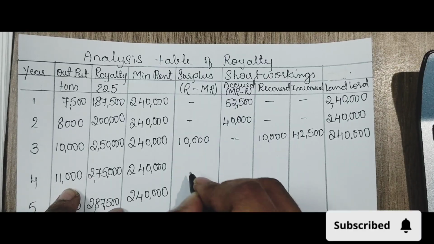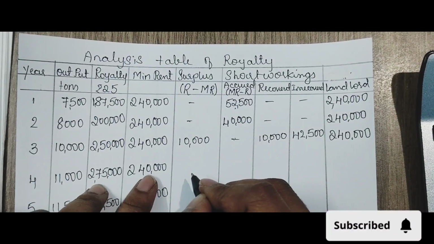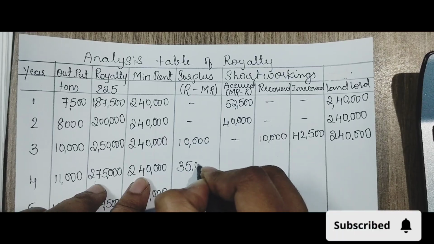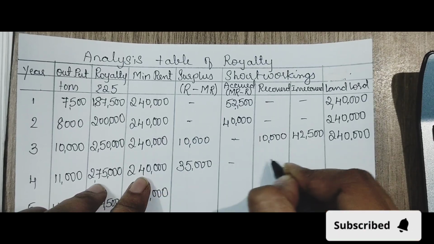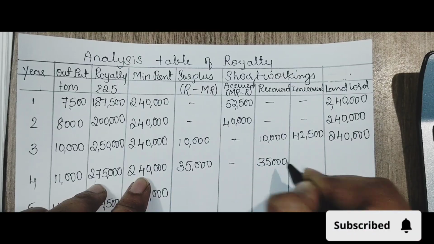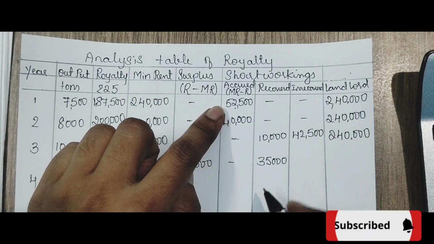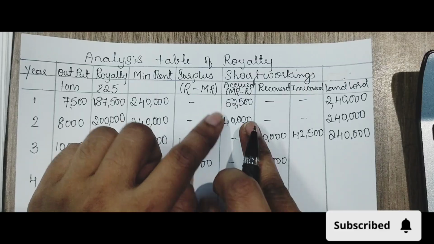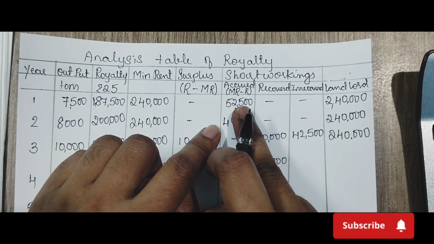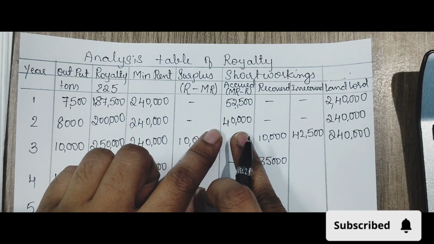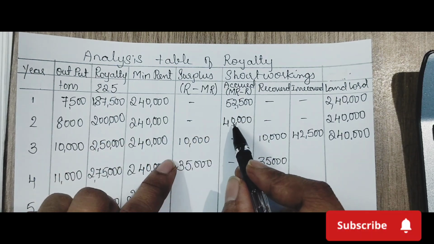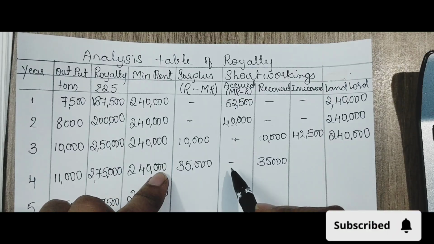Then in the fourth year, again 2,75,000 minus 2,40,000, 35,000, right? 35,000 surplus. 35,000 you can recover. For which one you can recover? For 52,500 can you recover? No, because of subsequent 2 years. So you can't recover for the first year short working. You can recover for the second year, because for the second year you can recover in the third and fourth year.